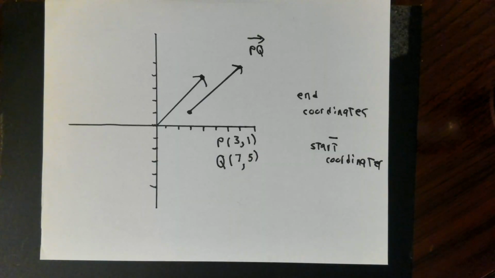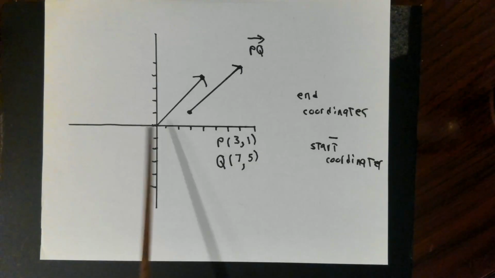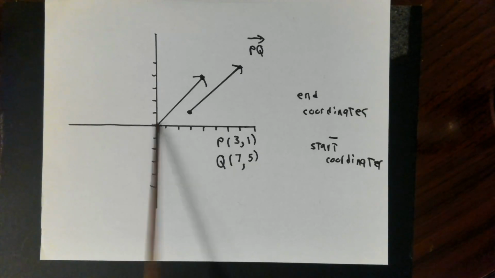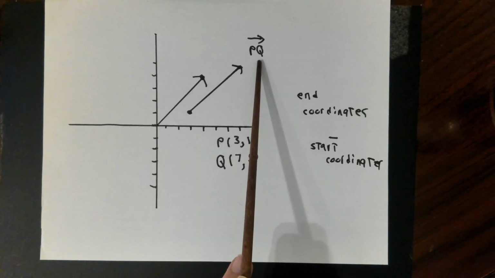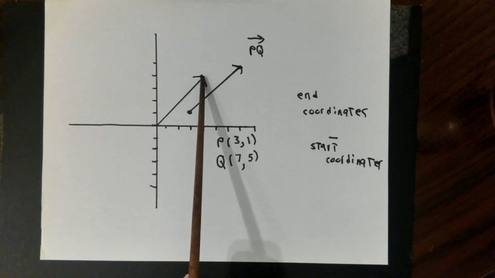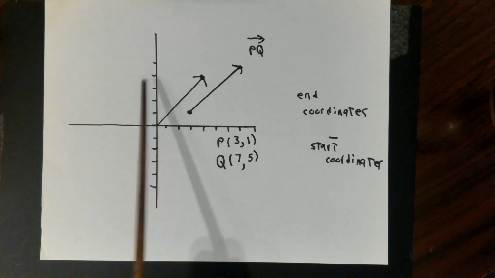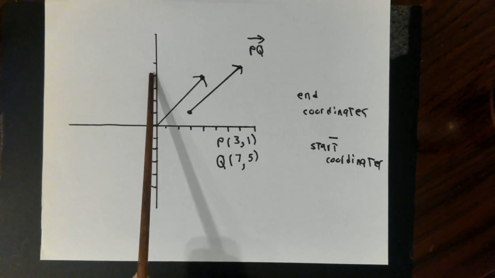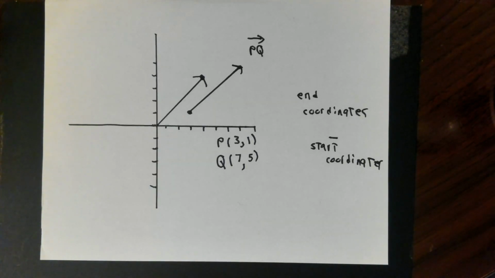If I have the vector that starts at the origin and is equivalent to vector P to Q, the endpoint will be x equals 4, y equals 4. This is what we mean when we say that we're looking at the vector in standard position.